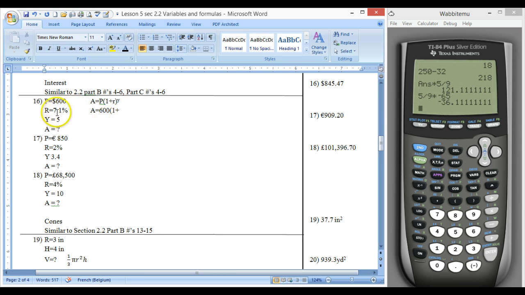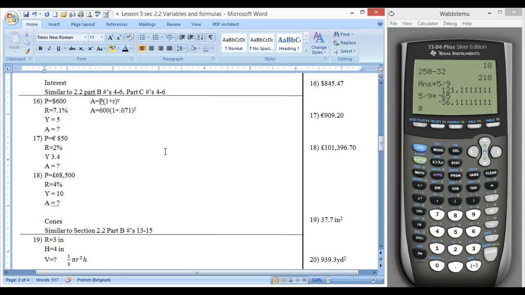To change that to a decimal, I take the decimal and move it over 2 places, which is 0.071. I've moved it over 2 places to the left and close the parenthesis. Then I need to raise it, so I'm going to use my superscript, 5 years. I'm going to unsuperscript to get it out of the exponent.